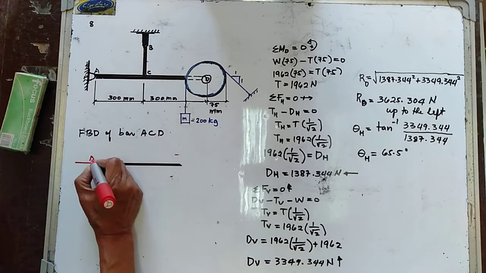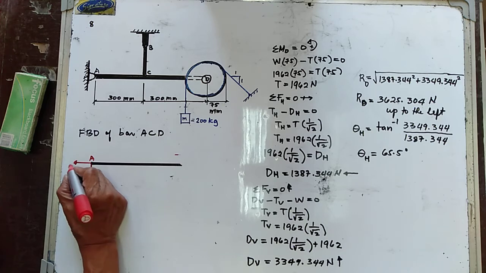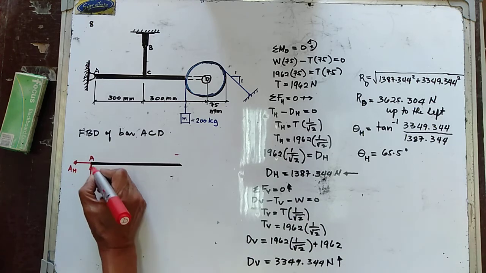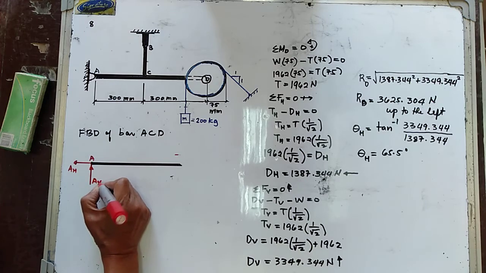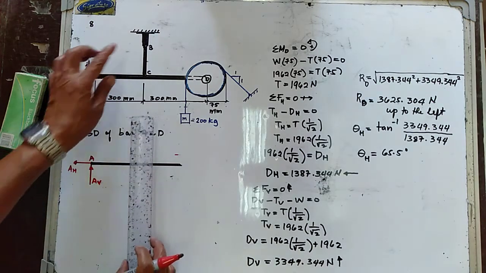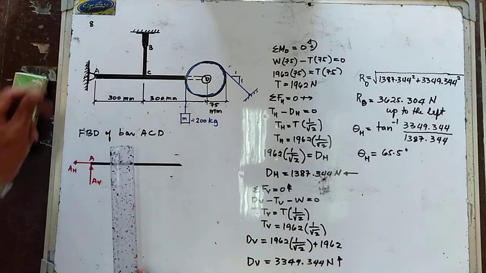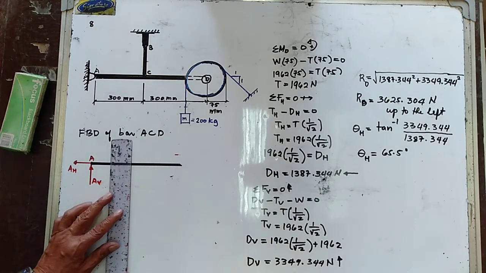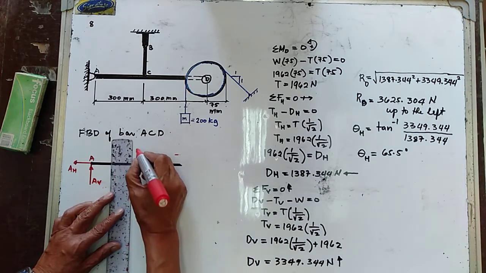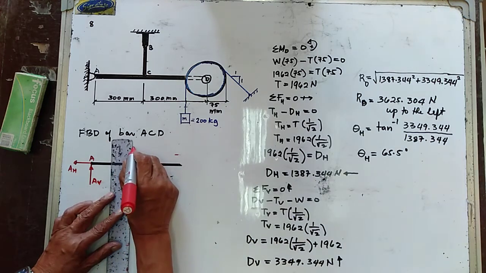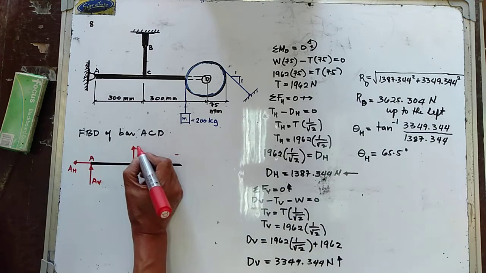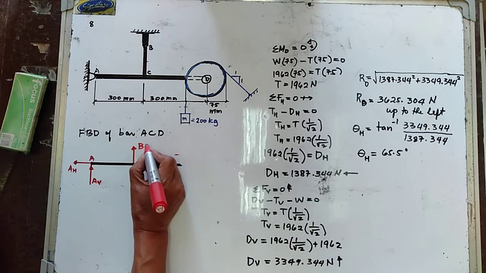This is your point A. So that is now your A horizontal, and this is now your A vertical. We have a link. You try to take note that the reaction of a link is a two-force member. So this is the reaction of the link, and this is now your link BC.